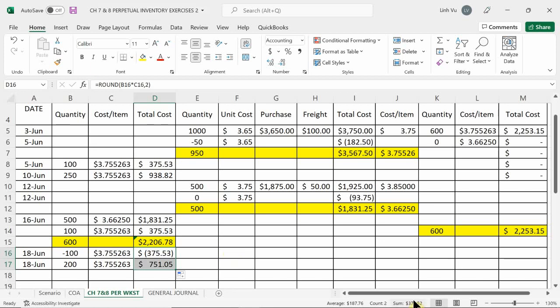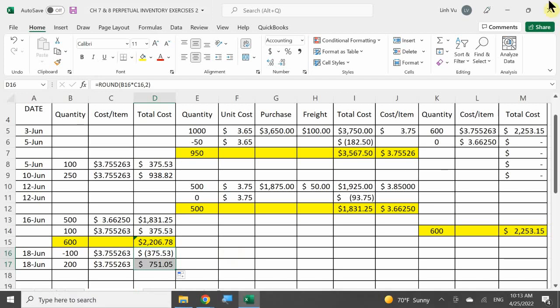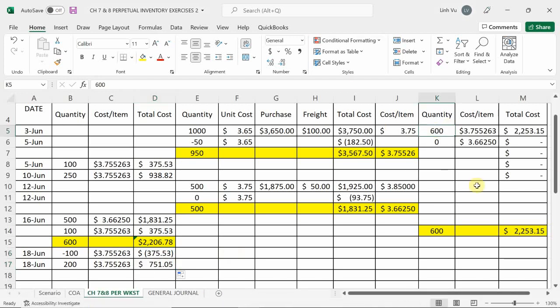So 751.05. We need to update our inventory, right? We just got rid of 200. So 600 minus 200 gives me a total of 400. We need to adjust this too.